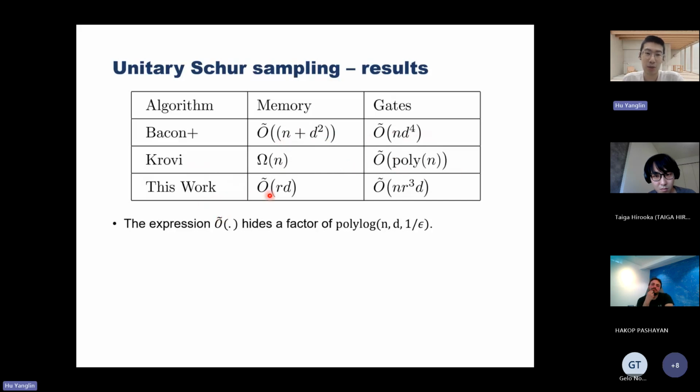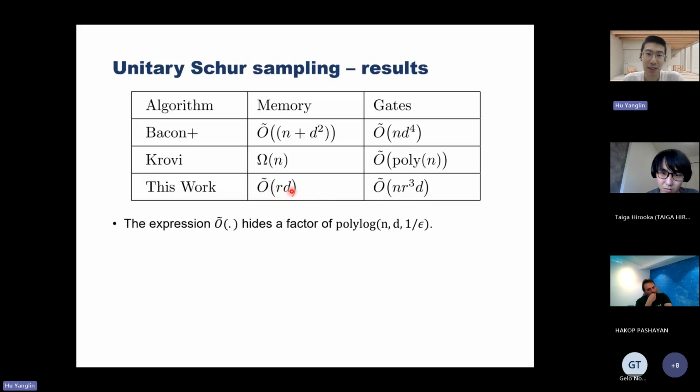And in this work, the memory complexity is Rd, where R is the rank of the unitary, and the gate complexity is n R to the power 3 times d.